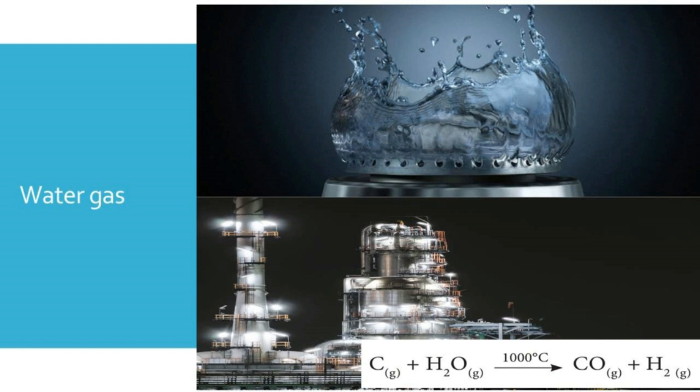So carbon plus H2O gives CO and H2, carbon monoxide and hydrogen molecule. It is also called syngas or synthesis gas as it is used to synthesize methanol and simple hydrocarbons. It is used as an industrial fuel also.